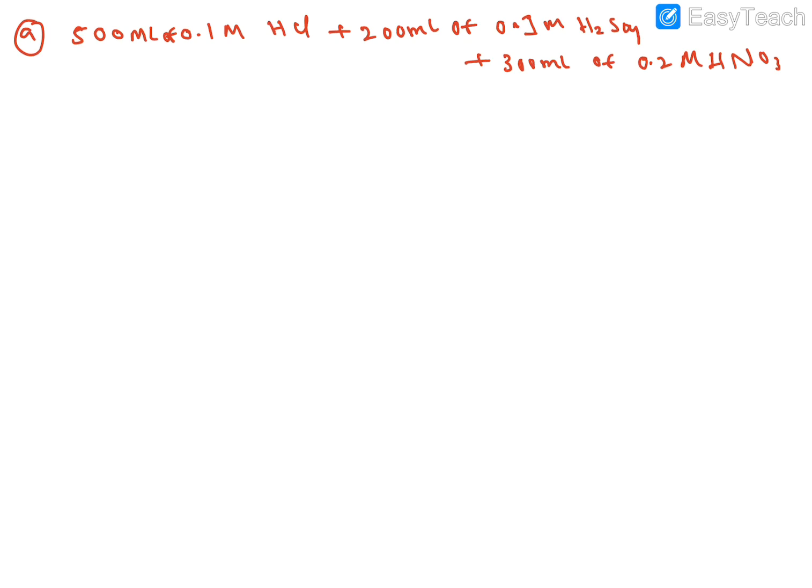H plus concentration? So the normality equal to, for example here, there are 3 acids. We want the normality of the total, that is N4. So normality N4 is equal to N1V1 plus N2V2 plus N3V3 by the total volume.